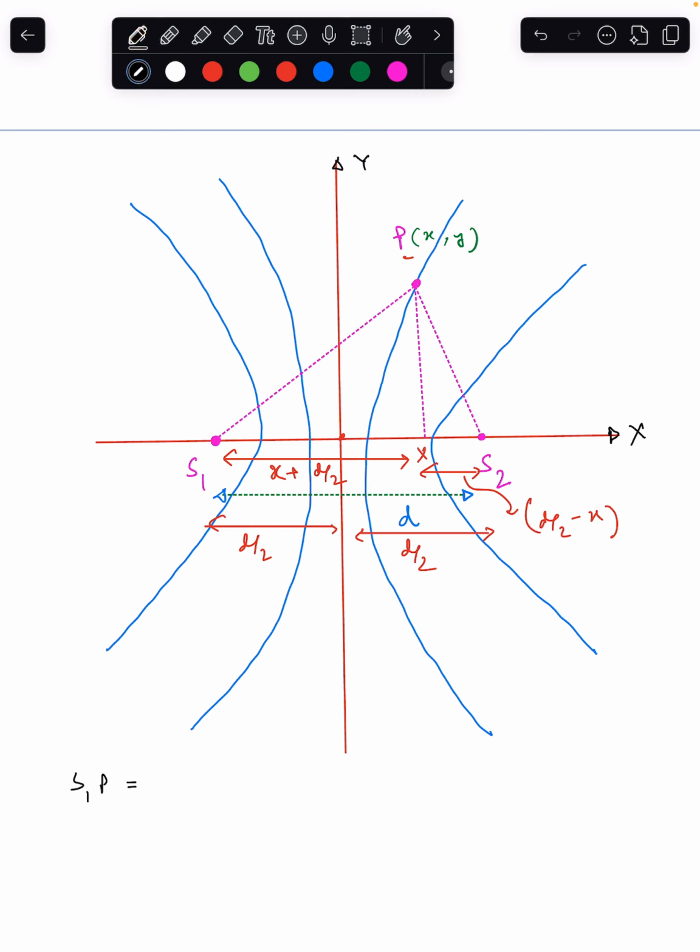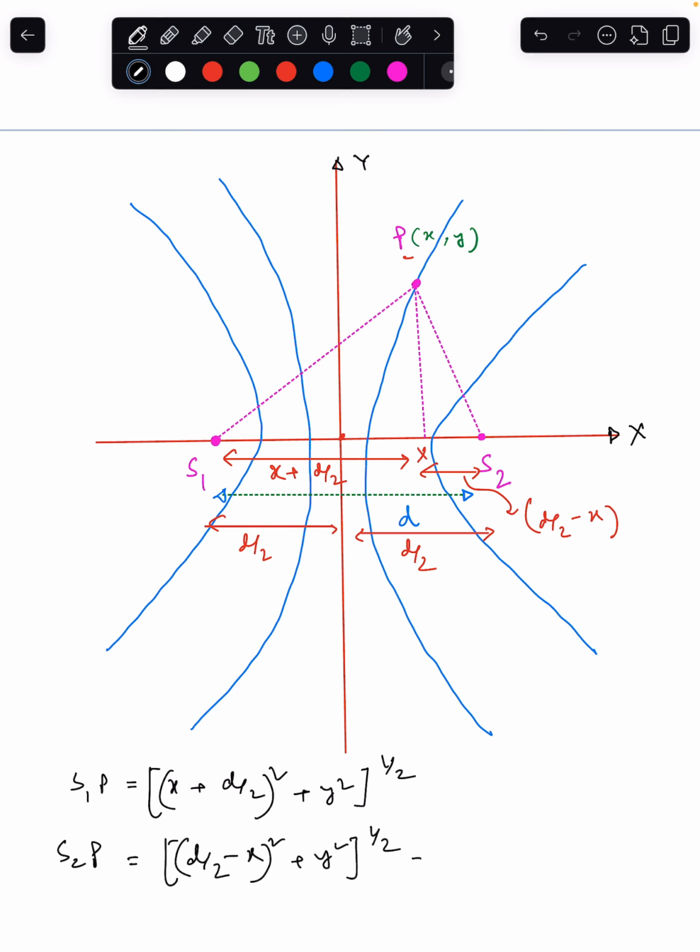S1P is equal to (x plus d by 2) whole square plus y square, whole to the power 1 by 2. Similarly, S2P will become (d by 2 minus x) whole square plus y square, whole to the power 1 by 2. (d by 2 minus x) whole square can be written as (x minus d by 2) whole square, since it is a square and the minus sign squares away. So S2P is (x minus d by 2) whole square plus y square, whole to the power half.